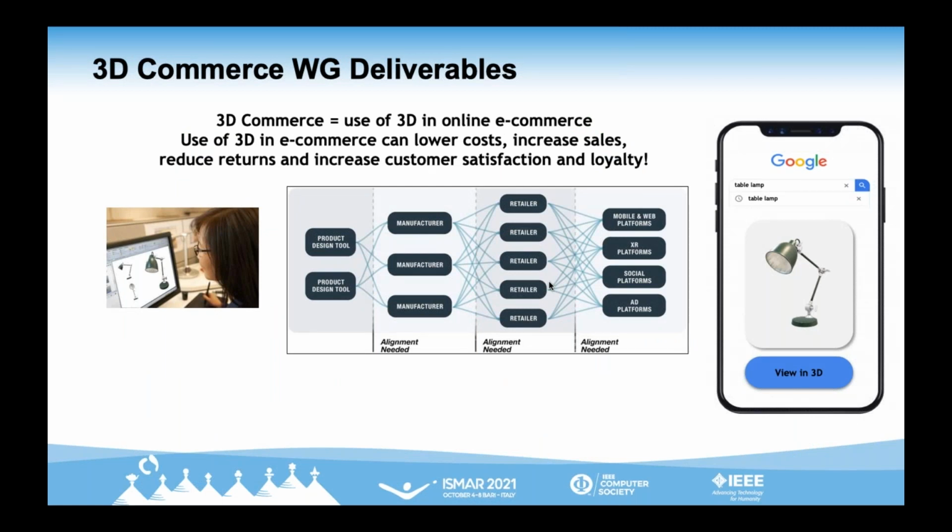The 3D Commerce Working Group is not doing specifications in a conventional way, but they're definitely developing a suite of support tools to help those who are developing and designing 3D assets get them into a 3D window for the user.